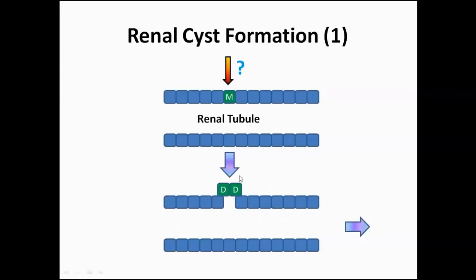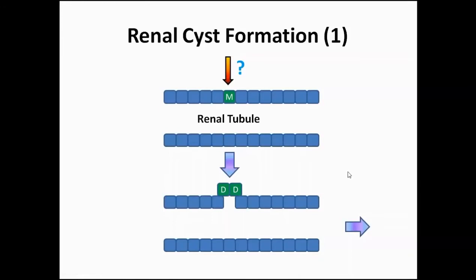And what happens? There's no room for that division because it was inappropriate. So these cells are no longer in an appropriate position in the epithelium of the tubule. So there's a little bump. At this point, even a pathologist looking at microscopic slides probably wouldn't notice this.